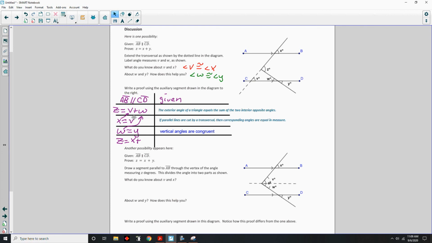So actually I should have drawn a segment from here. Since y equals w, I can put it there and then come to the conclusion that if z equals v plus w and v equals x and w equals y, then z equals x plus y. And that's what we were trying to do. And the reason is substitution property of equality.